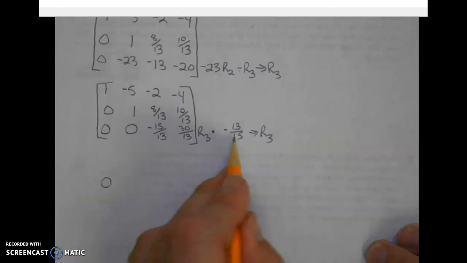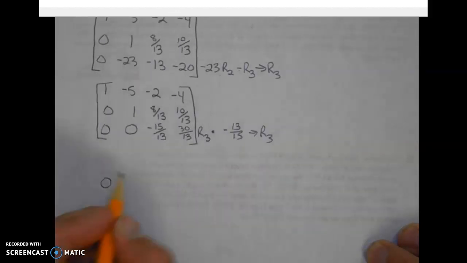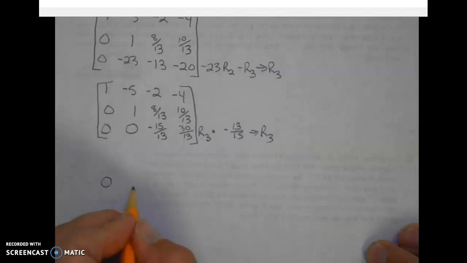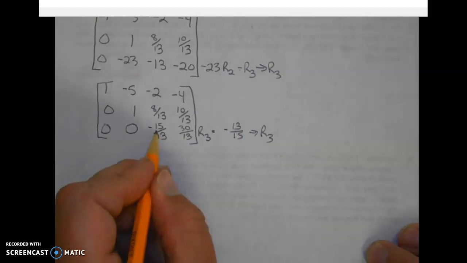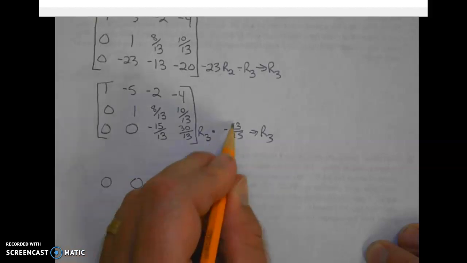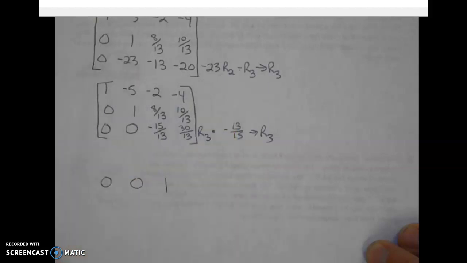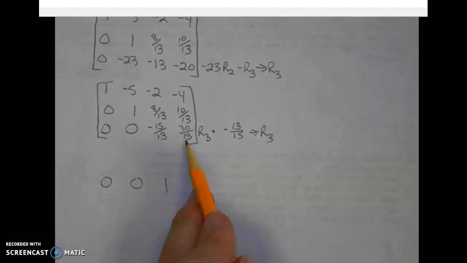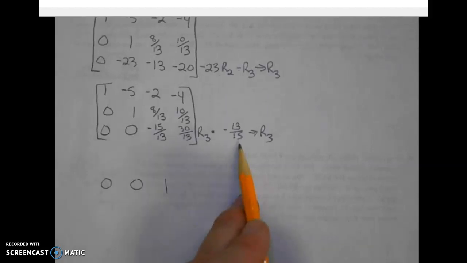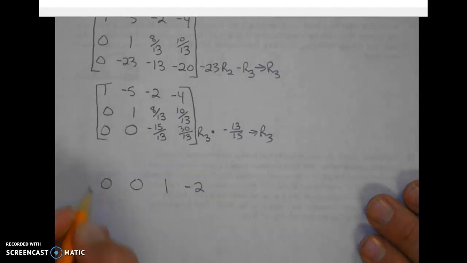So 0 times anything is 0. 0 times anything is 0. Negative 15/13 times the reciprocal is always going to be 1. And then I'm going to use my calculator here just to be on the safe side. So 30/13 times negative 13/15, and we get negative 2.